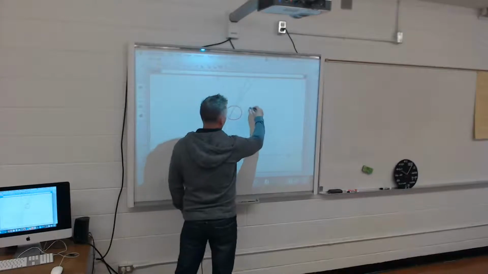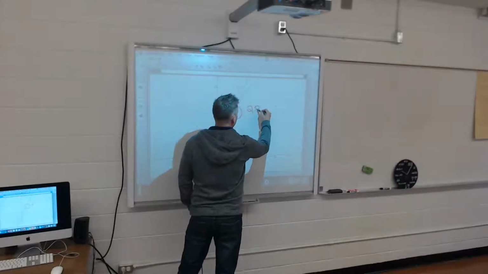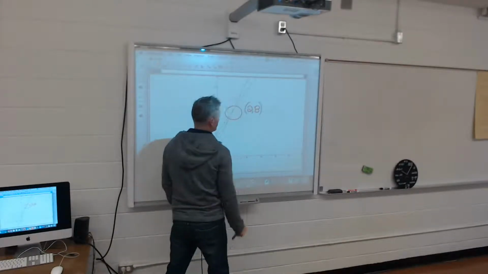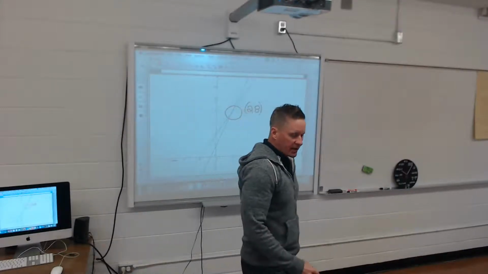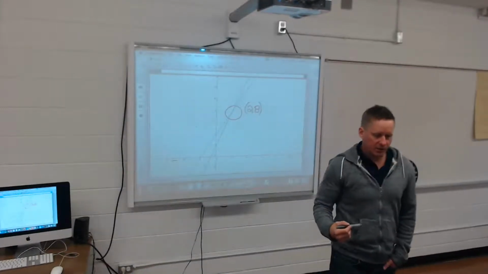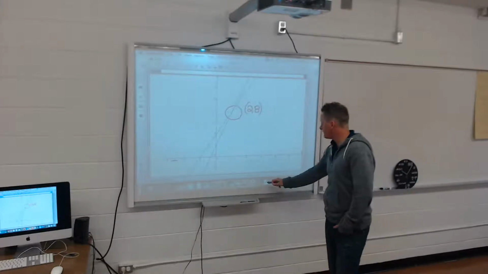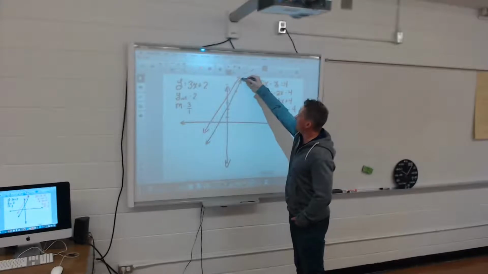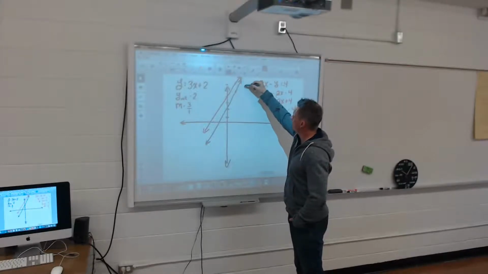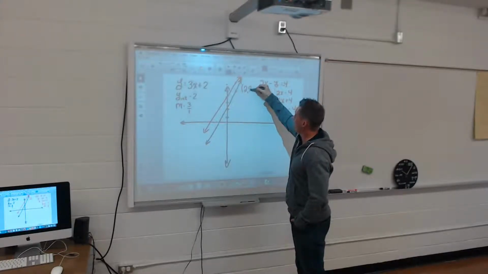That intersection point looks like 2 and 8. So the first thing that we are doing is just attempting to graph two equations and find out where they intersect. That intersection point was up here. That coordinate was 2 and 8.